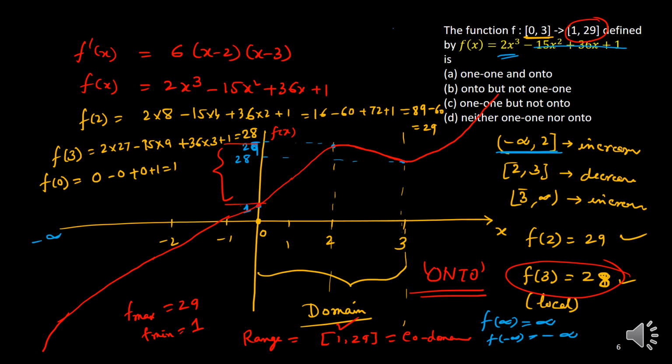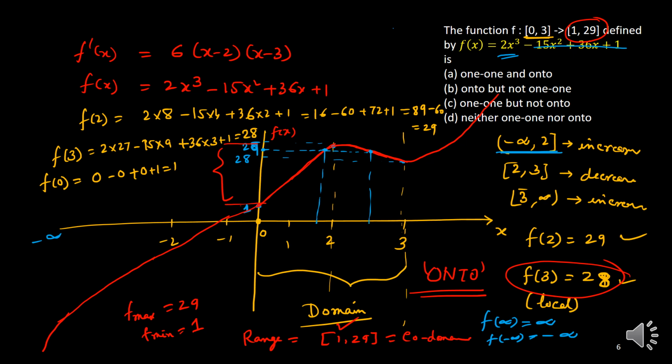Now here again you will see that this function is increasing from 0 to 2, and from 2 to 3 it is decreasing. So for certain values we will have two values of x with the same magnitude. Suppose here, 28.5, I can have two inputs. This will give you 28, and again this will give you 28.